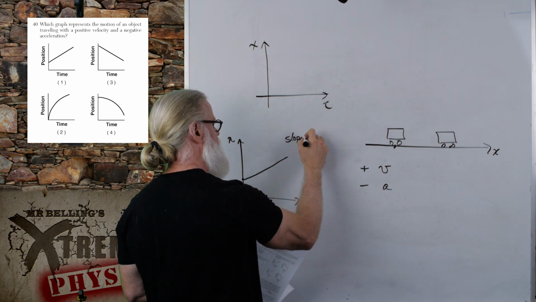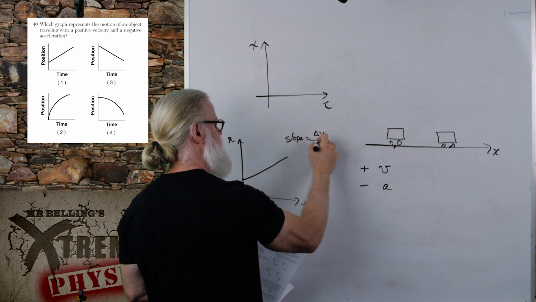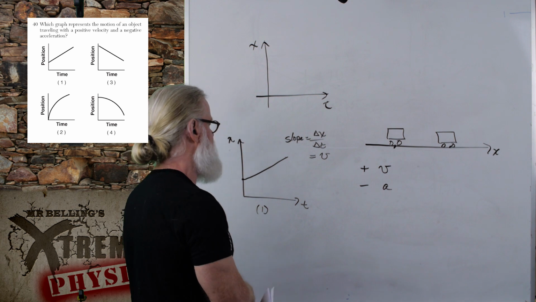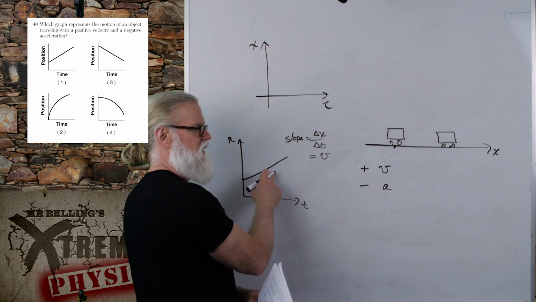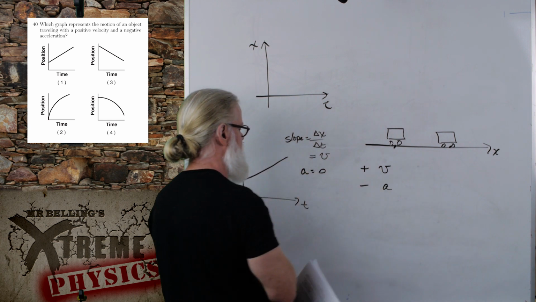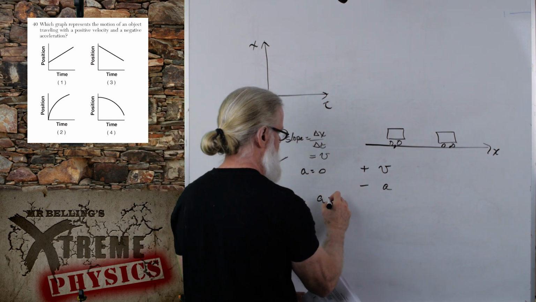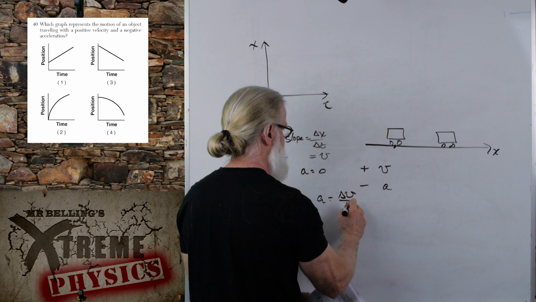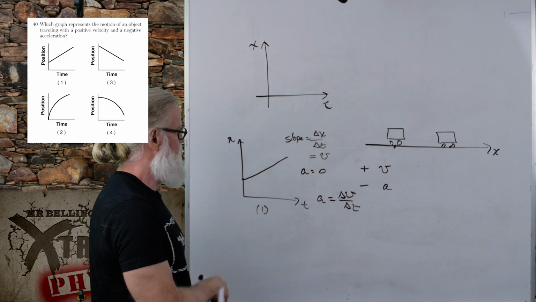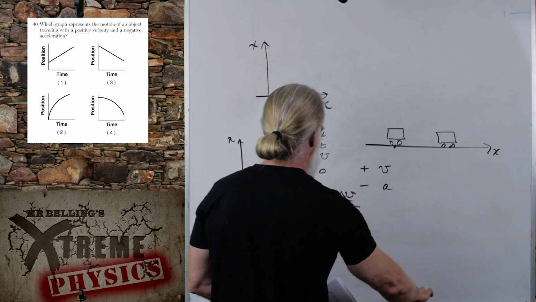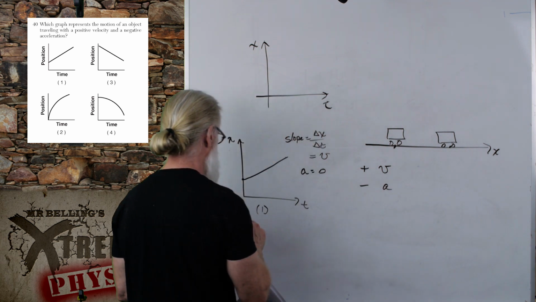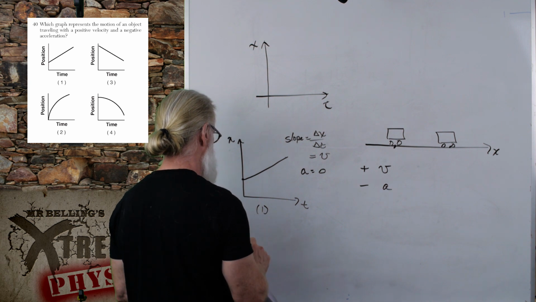Slope equals delta x over delta t, which is velocity. That is a positive velocity, and it is a constant velocity. So a equals 0, because acceleration is delta v over delta t. But that's constant, so I don't think that's a negative acceleration. I think that's a 0 acceleration. So I'm not liking 1.